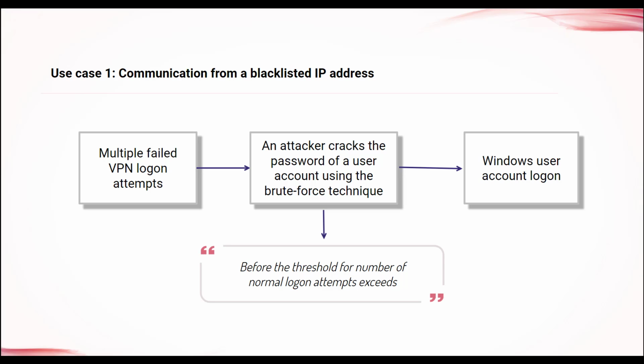The attacker cracks the password of the user using the brute force technique before the number of logon attempts exceeds the threshold specified for normal users. In this case, it will be difficult to distinguish between malicious logons and other normal logon failure events. To spot such intrusions, it is essential to flag communication from blacklisted entities as threats.